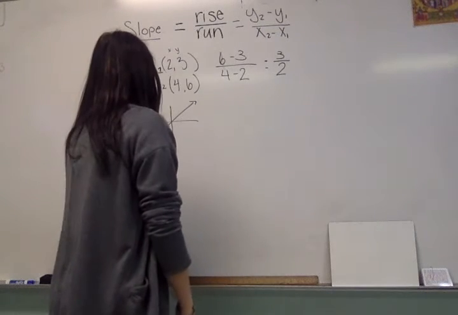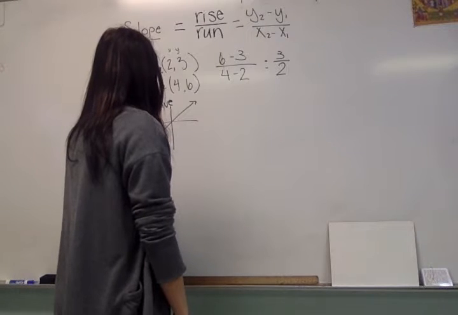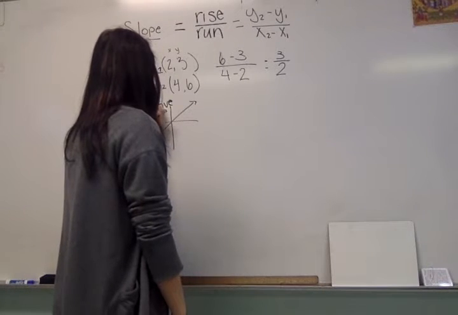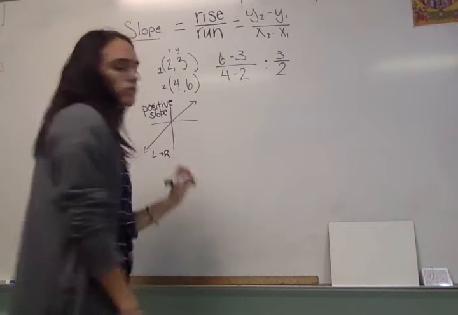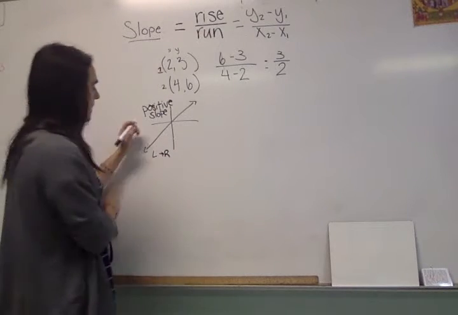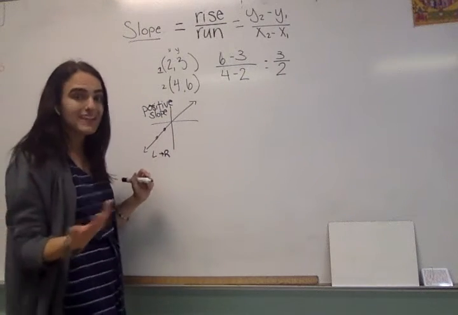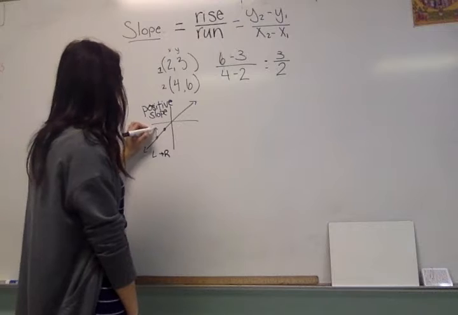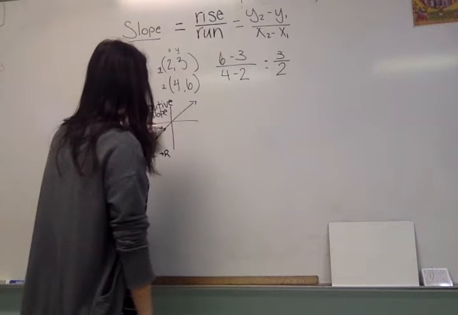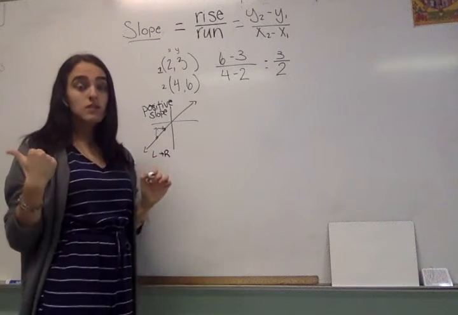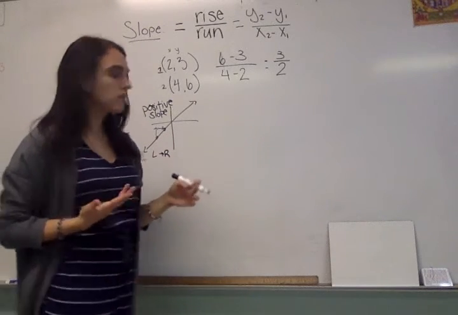So this is positive slope, where your line rises from left to right, which makes sense, right? If I picked this point to that point, you're going up, which is positive on the y-axis, and you're going to the right, which is positive on the x-axis.